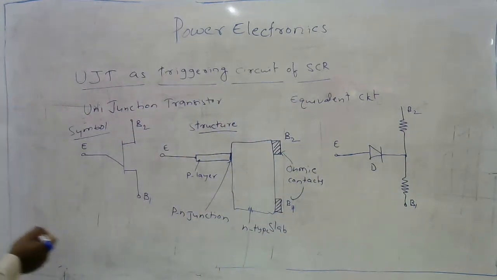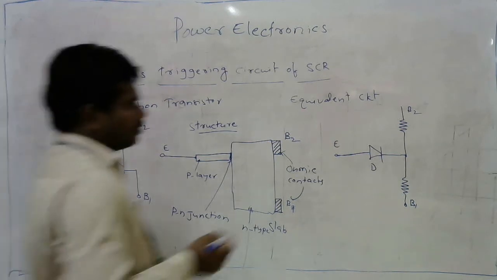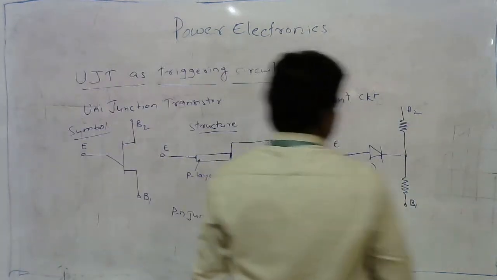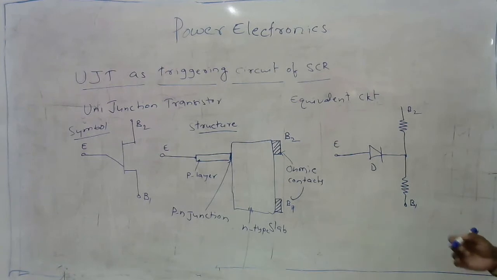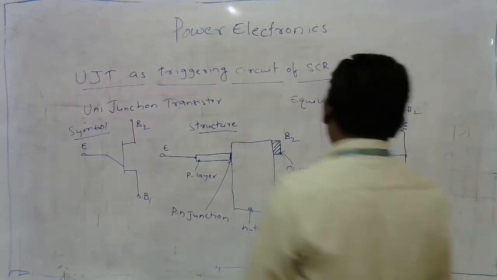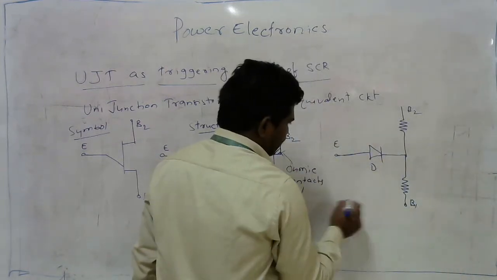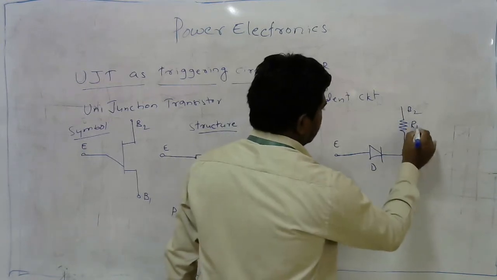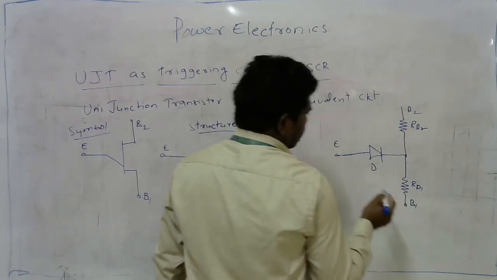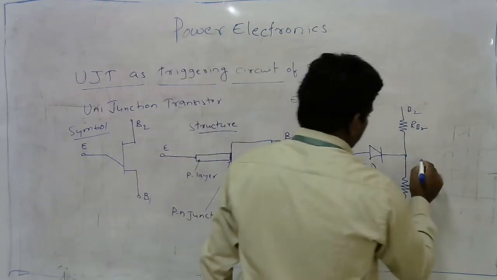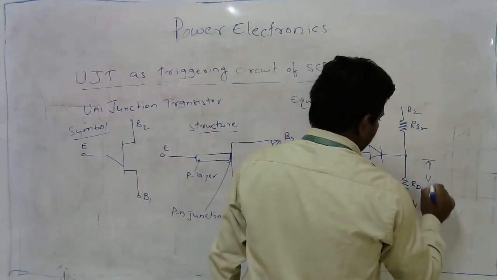Then we'll see a term called intrinsic standoff ratio, that is eta. We can call this the RB2 resistance and this the RB1 resistance, and we can call this voltage VB1.